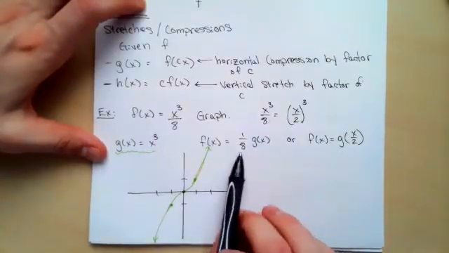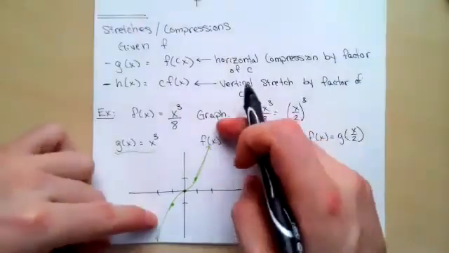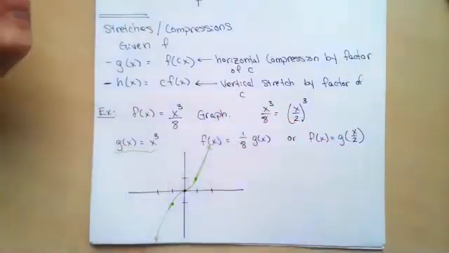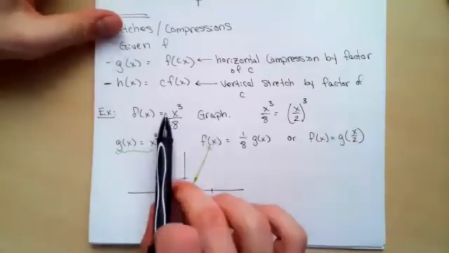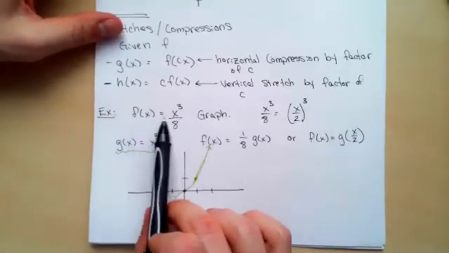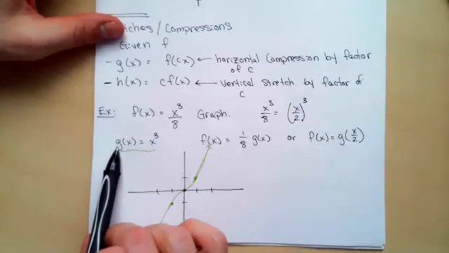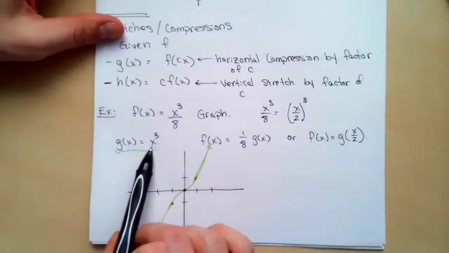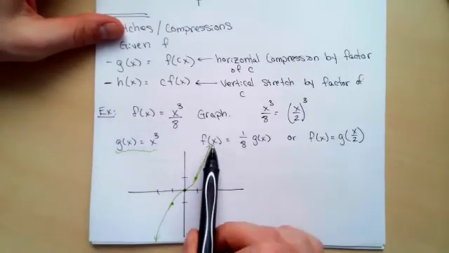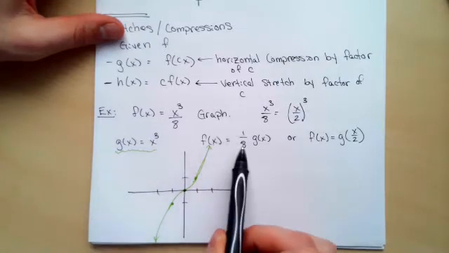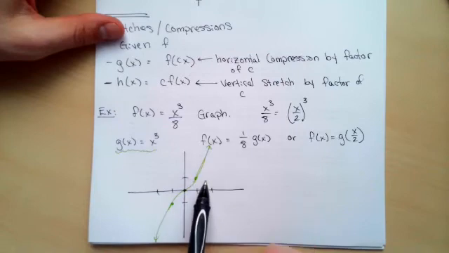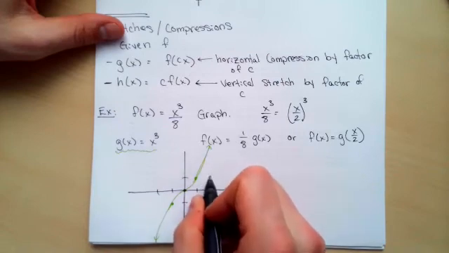And what is this saying? So this 1/8 says take all of my y values now and shrink them down by a factor of 8. One thing to check, so when x is 2, so for our parent function, our green function, when x is 2, my y value should be up here at 8. So what's going to happen when I divide that then by 8, it'll come down here to 1.